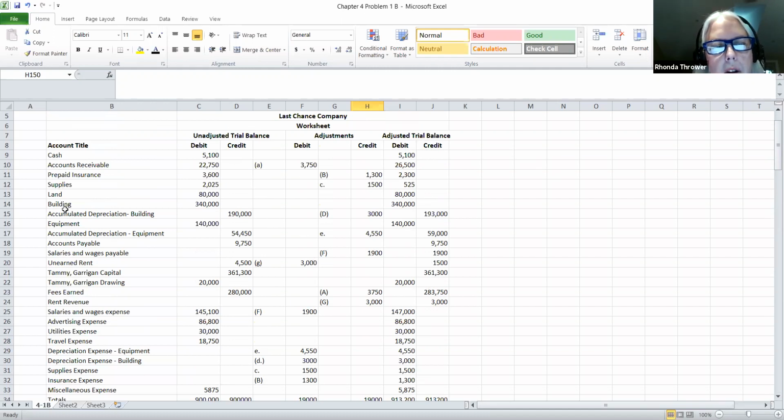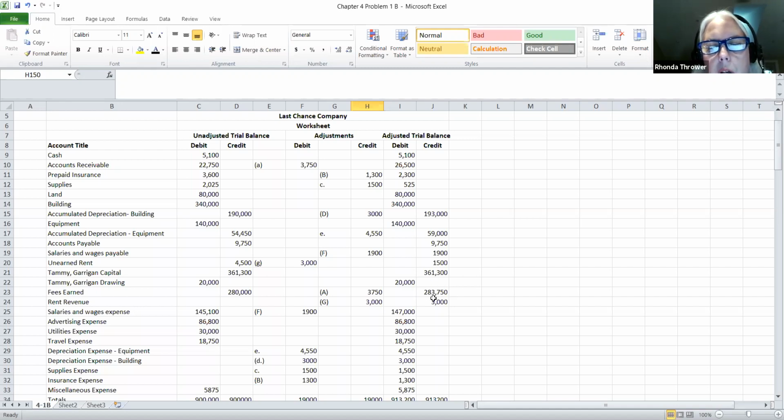So on an income statement, we list all of our revenue. So we'd go through our ledger accounts and we'd pick out our revenue. Our first revenue account that I see is fees earned. You're going to pick up the credit balance that is in the adjusted trial balance. Remember, the adjusted trial balance is prepared after you have updated the accounts through the adjusting entries. So it's very important that you know that you're picking up the adjusted trial balance amounts to prepare your financial statements.